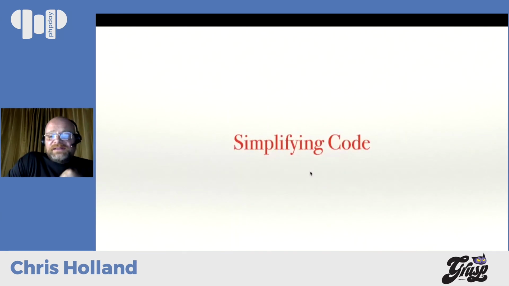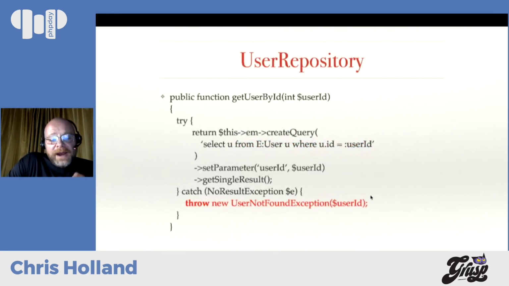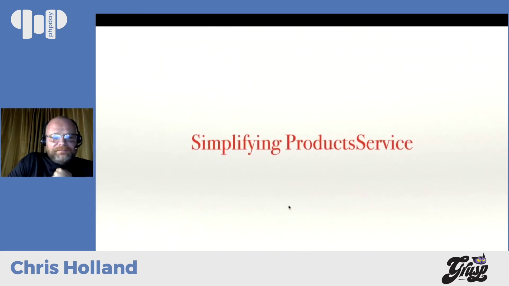So now we can simplify code. Now that I'm throwing an exception at the bottom and assuming that my exception has helpful messaging encapsulated in it, technically I don't have to catch it anywhere, assuming that my framework is properly configured to render exception messages.